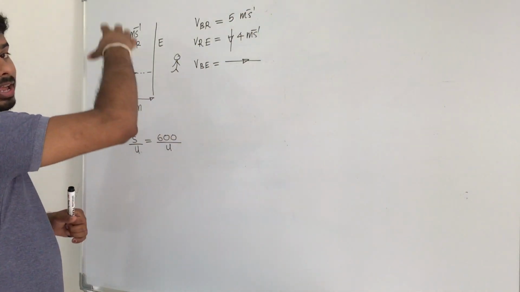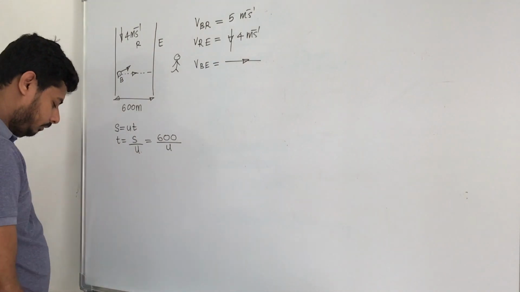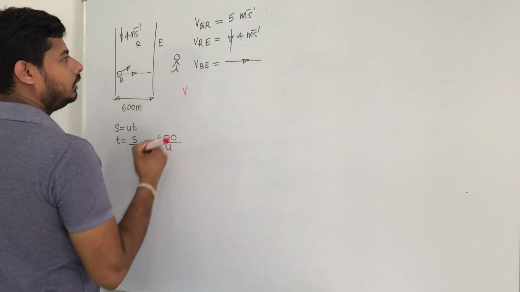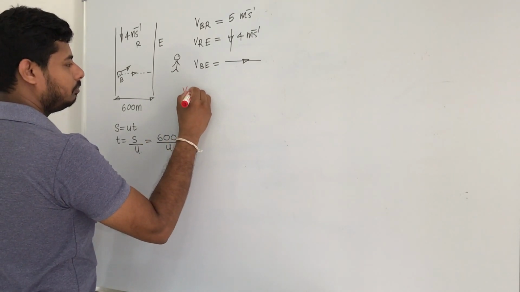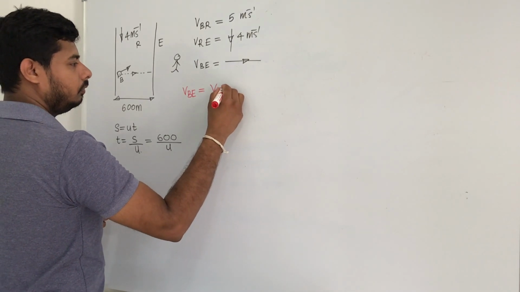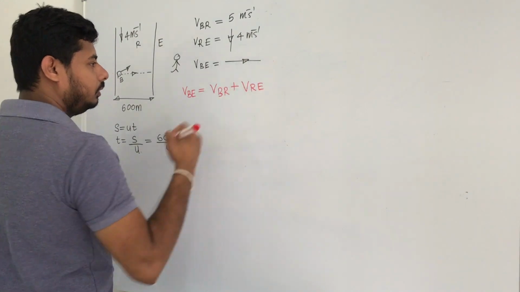So we will write down the expression corresponding to these three vectors. The vector expression will be like this. The velocity of the boat with respect to earth can be written as the velocity of the boat with respect to river plus the velocity of river with respect to earth.